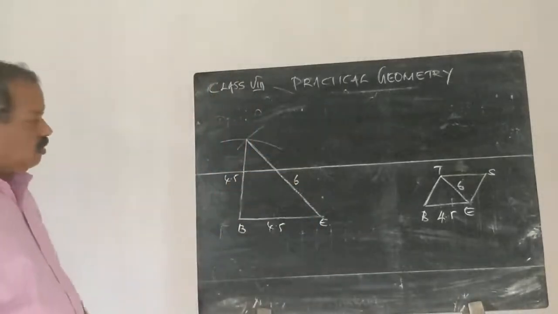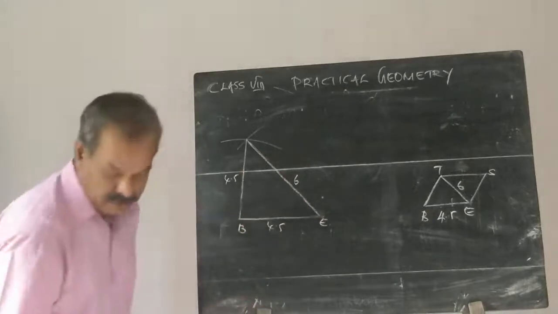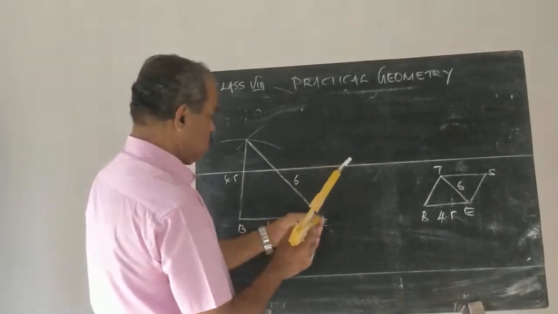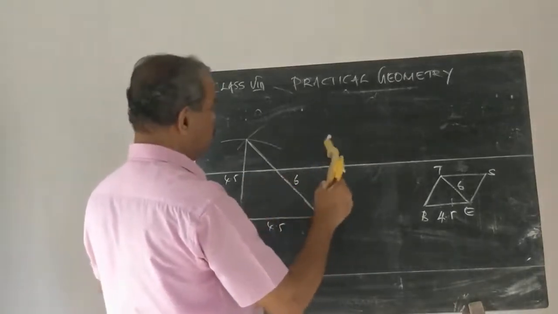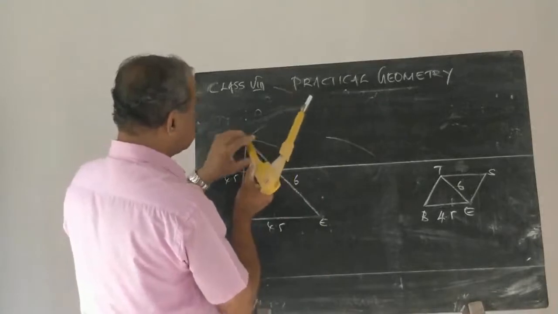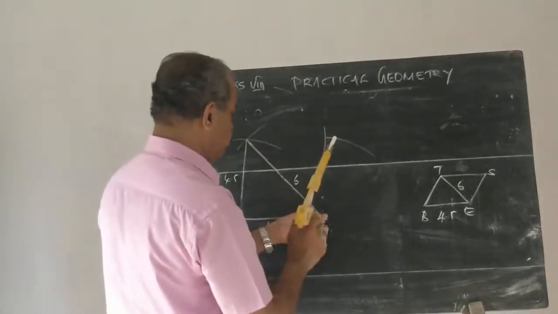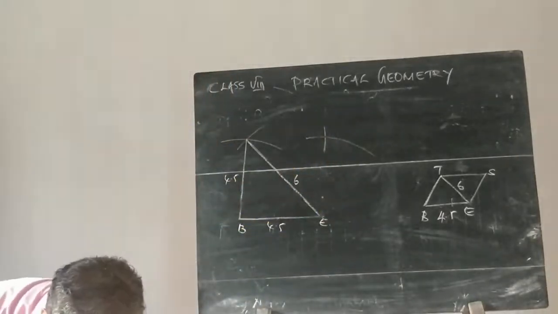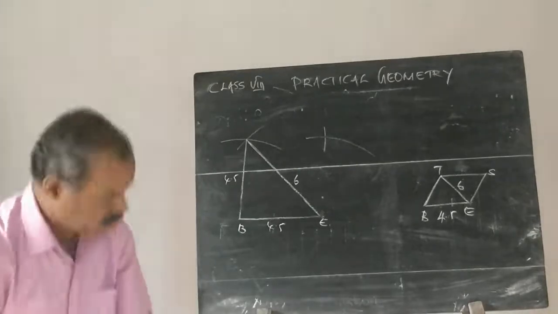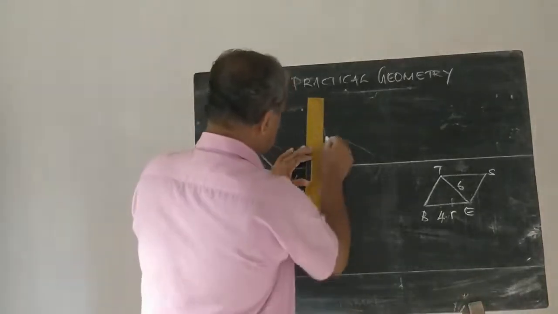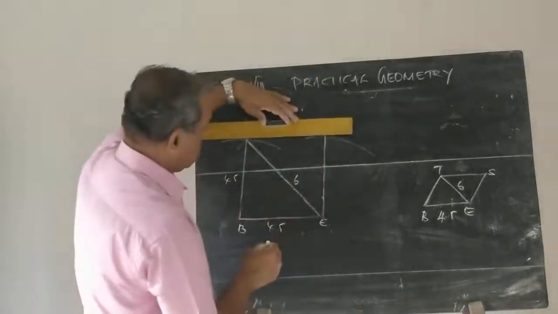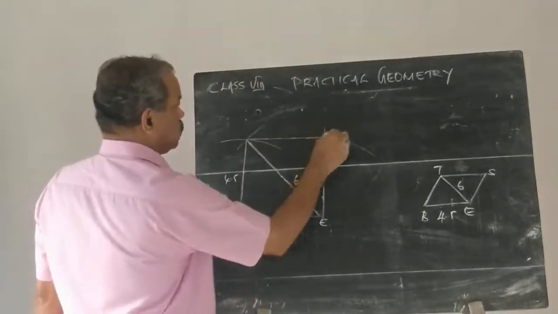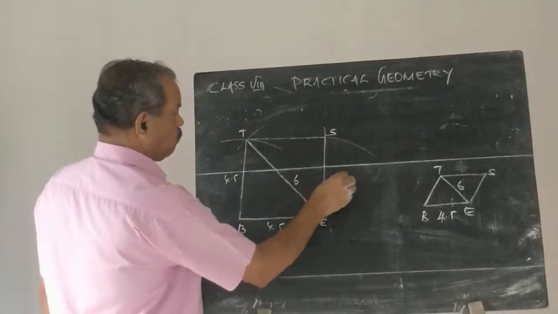Then complete it by taking 4.5 arcs from here and from here, because all the sides of the rhombus are equal. BEST, this also 4.5.